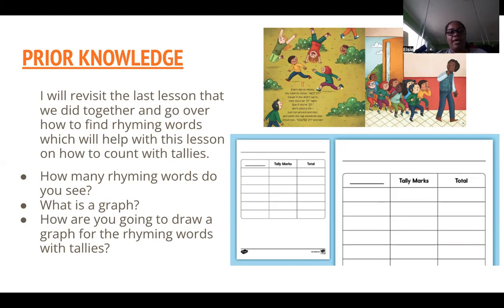For example, if I ask you, how many rhyming words do you see on this page? We'll read the story, and then read the sentences, and see how many rhyming words we find in each sentence on the page.